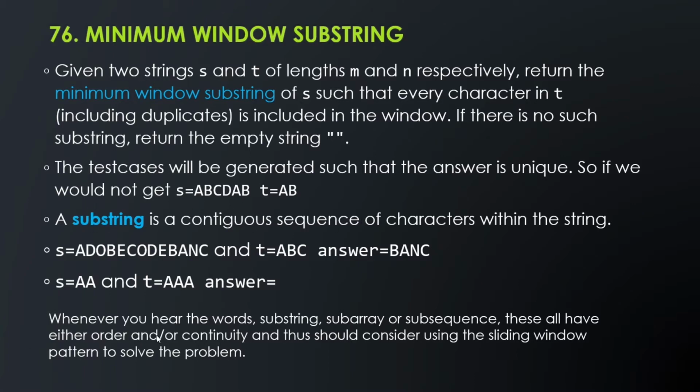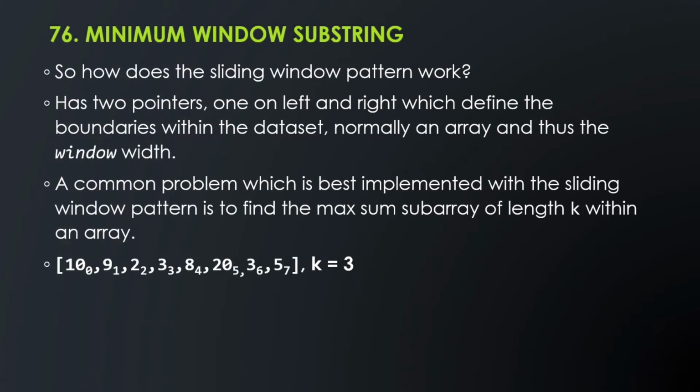Whenever we hear words like substring, subarray, subsequence, these all have either order and/or continuity, and thus we should consider using the sliding window pattern to solve the problem. So what is the sliding window pattern? Well, the sliding window pattern has two pointers, one on the left and one on the right, which define the boundaries within the data set.